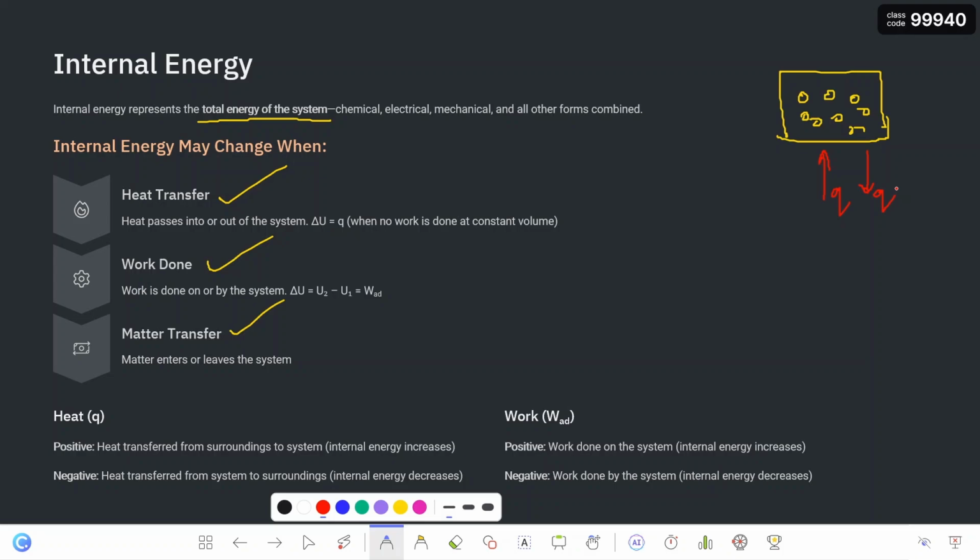It can happen either way. But in that case there is no work done. Only heat is getting transferred. In that case, the internal energy change delta U will be equal to Q.